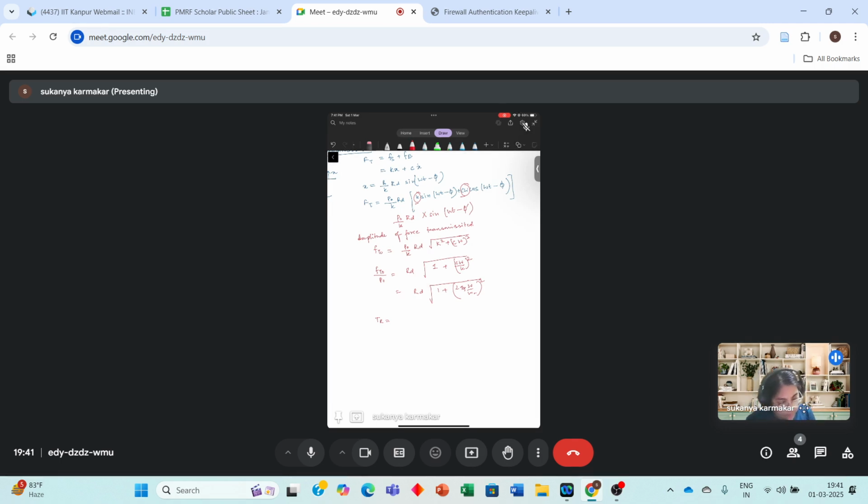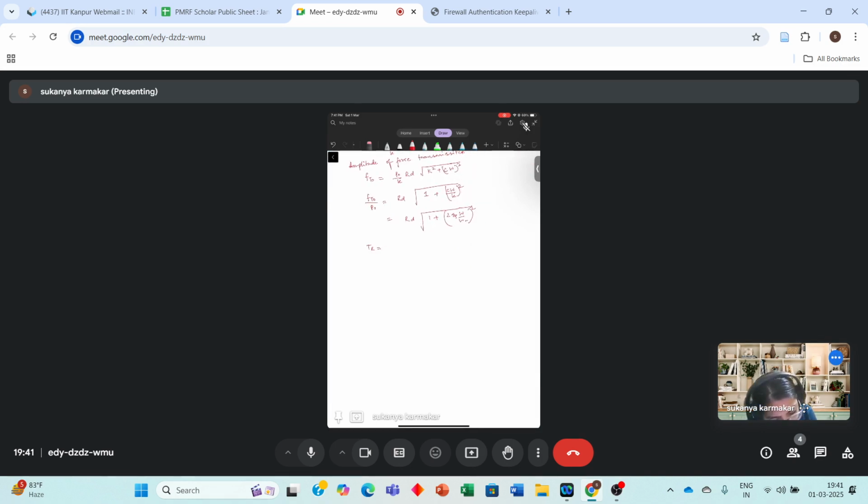The transmissibility of the system is defined as under root of 1 plus 2 zeta omega by omega n whole square, divided by Rd. Since I've not discussed damped, I did erase this. Rd is 1 plus 2 zeta omega by omega n whole square.